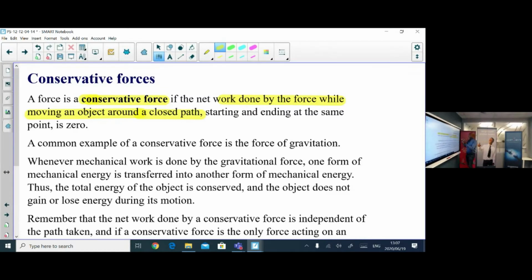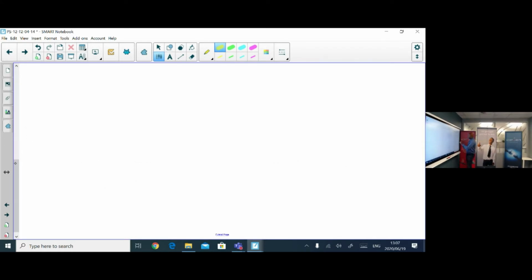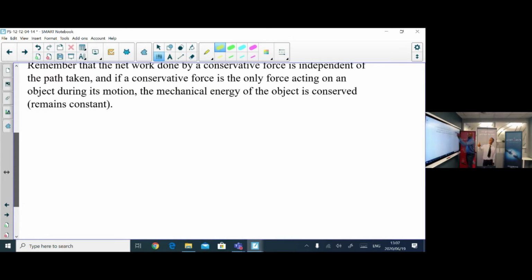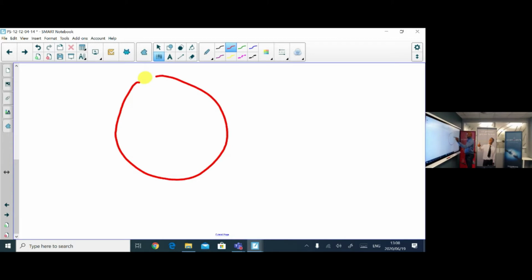Let me try to show you what I'm talking about. Suppose this is the starting point, and you move from there and just move around. Remember, this is how it moves.